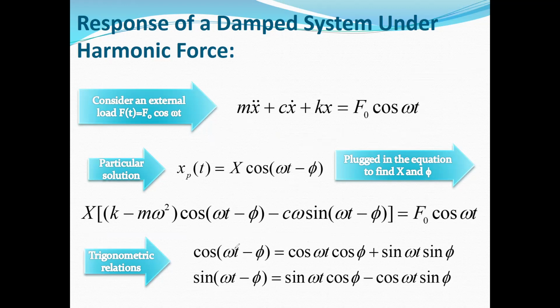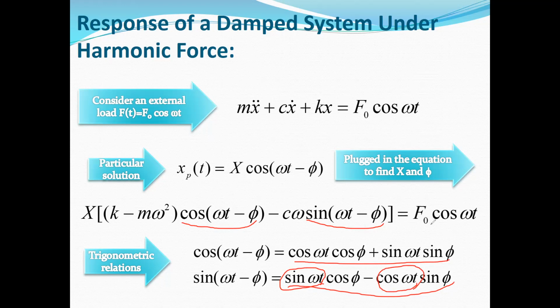So instead of cosine(omega t minus phi), we substitute this term, and for sine(omega t minus phi), we substitute from this term. When you substitute these terms, on the left-hand side you will have some expression multiplied by sine omega t and some expression multiplied by cosine omega t.